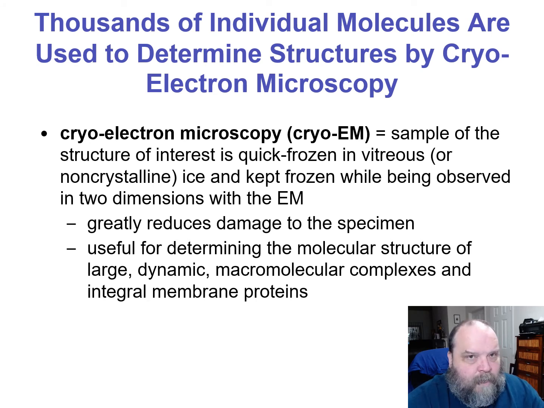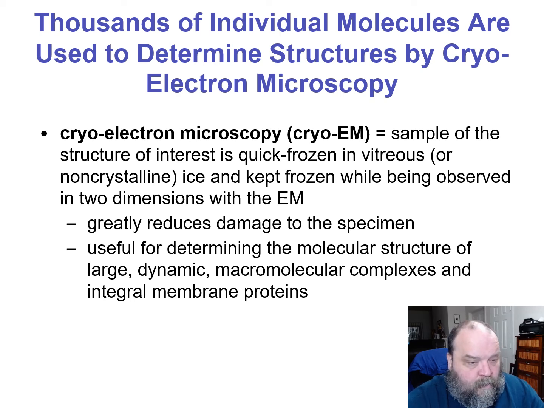But that's still, you're making a crystal, or you're doing something like that. What happens if, instead of crystallizing, you just froze it? That's what this cryo-electron microscopy is. Instead of going through and making some crystal, you freeze it in place. Take some non-crystalline ice, because the ice crystals will interfere with everything.